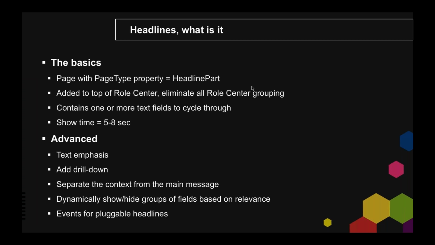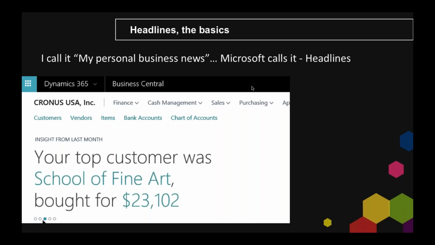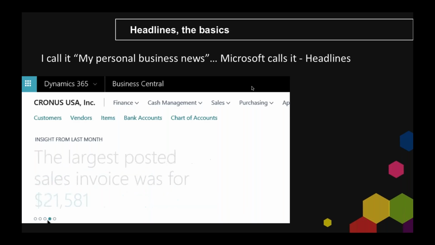So headlines, it's a page type. It's not some mystery. It's a page type with the property headline part. And if we add it on a role center, it will show us these beautiful headlines.